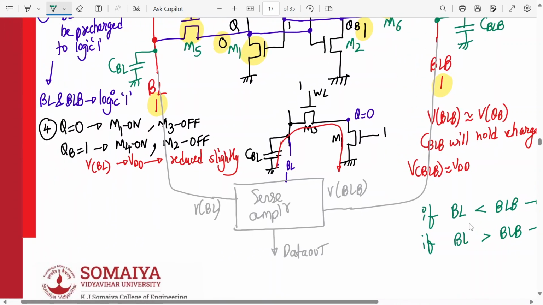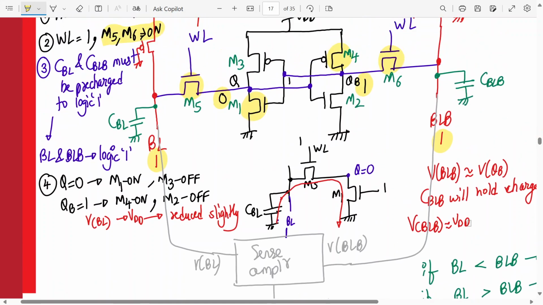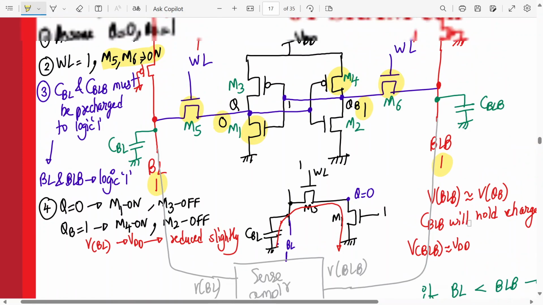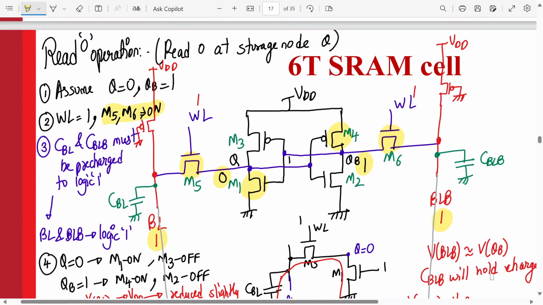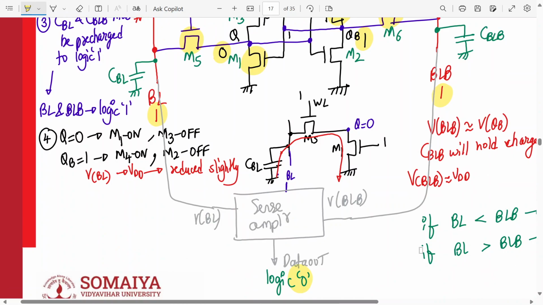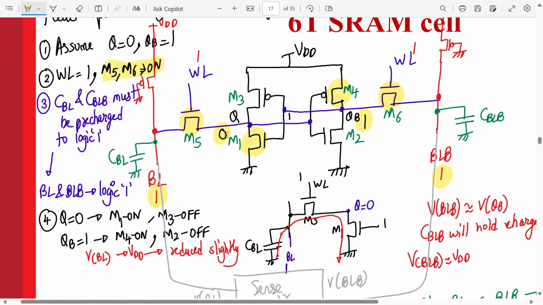Now tell me which is higher. BLB is higher, no? So the data output will be logic 0. As you can see, the data output logic 0 is read at the output of the sense amplifier. And what was at node Q? 0. So this is how you read the data. So the read 0 operation is performed. If the output of the sense amplifier is 0 and the data stored is 0, we have read 0 in the memory cell.